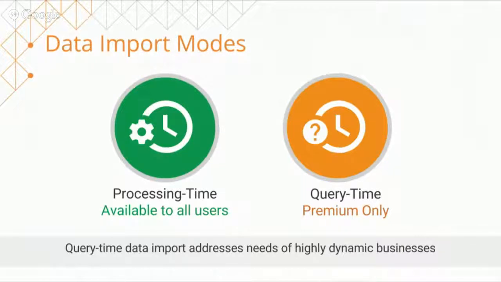Processing time is actually available to all Google Analytics standard users, and what this entails is uploading the reference data set in advance, and then all subsequent data that comes through GA, through that JavaScript tag, let's say, will then join on the reference data to new hits. Query time is actually a really powerful capability that's reserved for our premium customers, and it actually allows you to upload reference data after the fact, and then we apply it to all historical data.